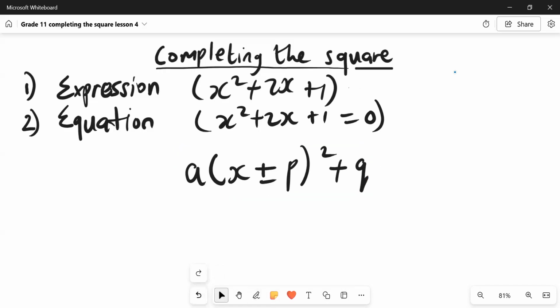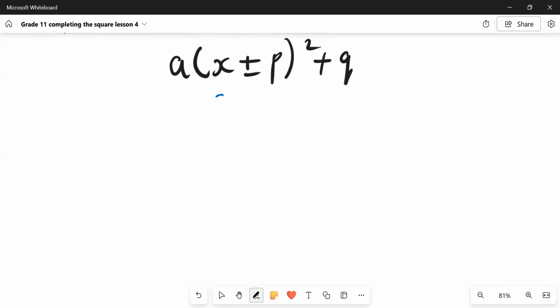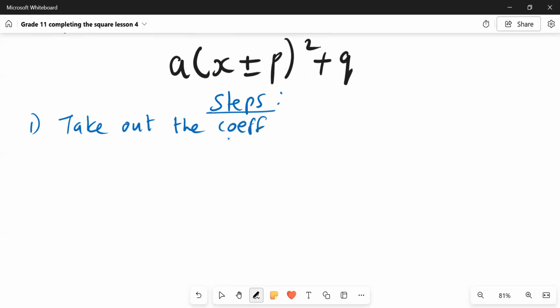So there are steps that you have to follow when completing the square. You have step number one there. So you have your steps there. When completing the square, step number one, you take out the coefficient of x squared, if it is not equal to 1.